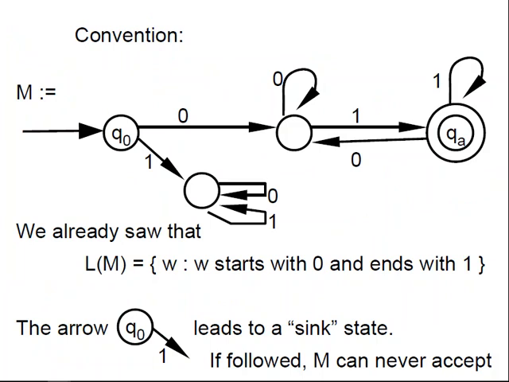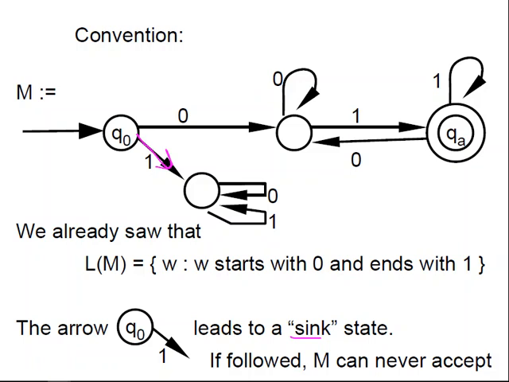Okay, now the pictures are going to get pretty complicated, so we're going to have some conventions to simplify the pictures. Here is a DFA, and we already saw that the language of this DFA is the set of strings which start with 0 and end with 1. This arrow here leads to a so-called sink state. If you follow that arrow, M can never accept.